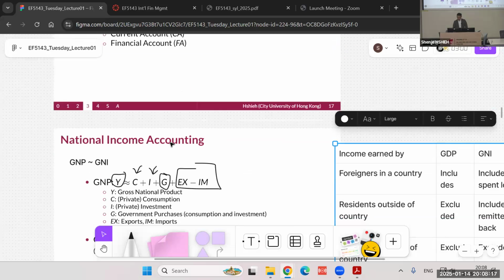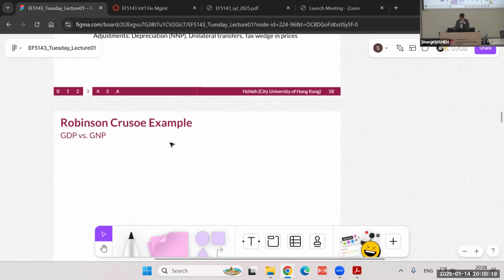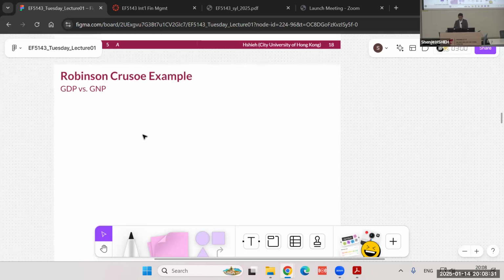All right. So let me talk about an example to emphasize the difference between GDP and GNP with a thought experiment. I'm calling this the Robinson Crusoe example because we're imagining an economy based on an island.